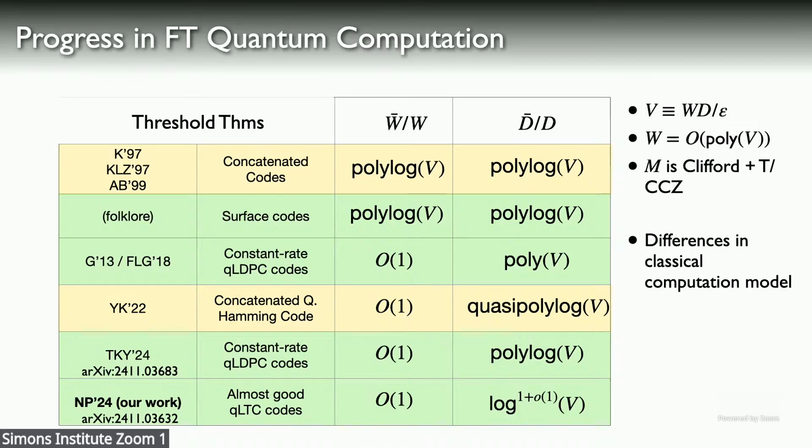Then you can ask, in this constant space regime, how much depth blowup do I have? What we can now show is that we can get this depth blowup all the way down to log of 1 plus little-o of 1. To do it, we need something a little stronger than a low density parity check code: a quantum locally testable code. I'll tell you how we use that towards the end of the talk.